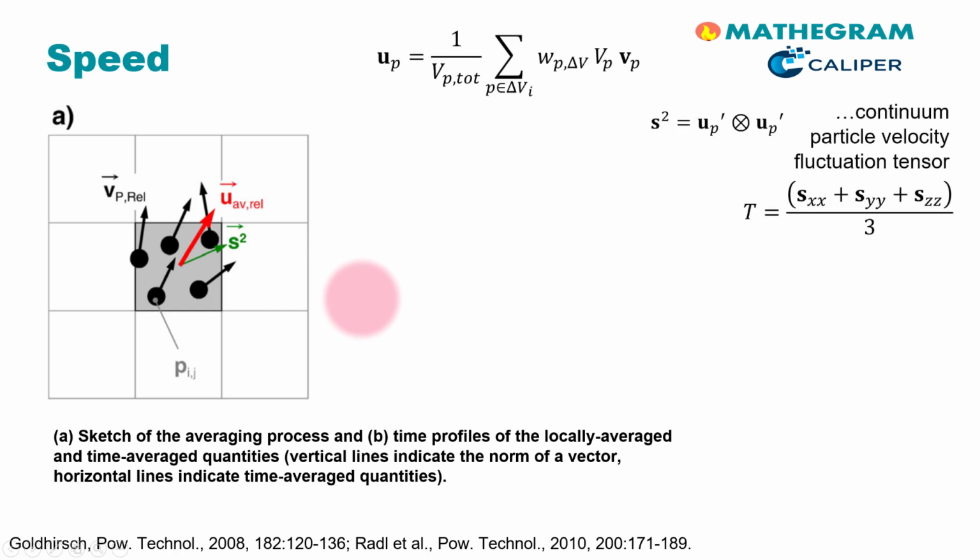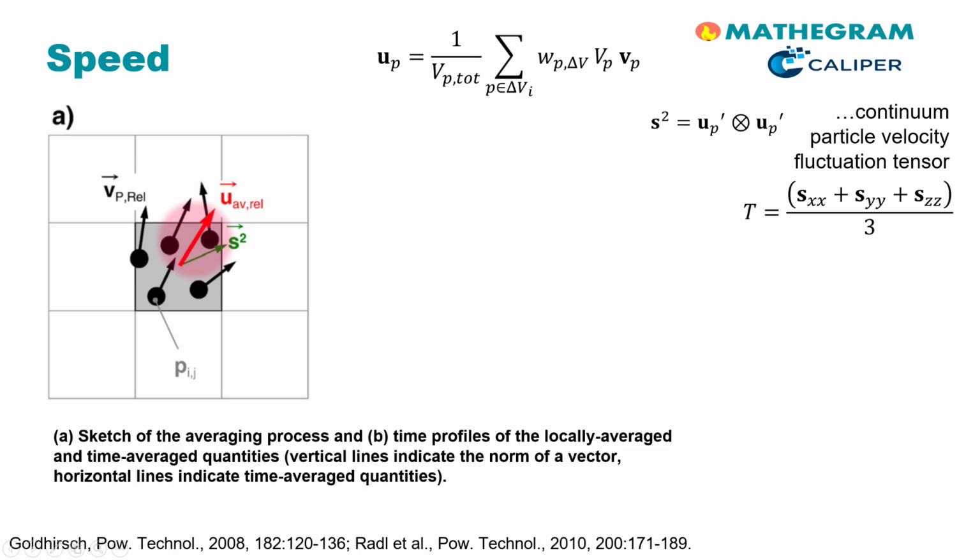Hence, we can define an average particle velocity by weighting individual particle velocities with the volume of the individual particles, as illustrated in red on the left.